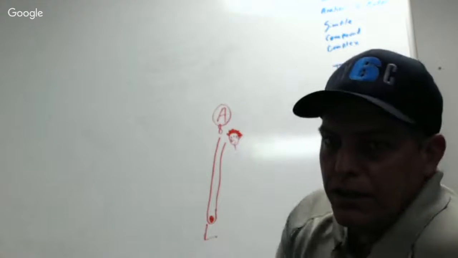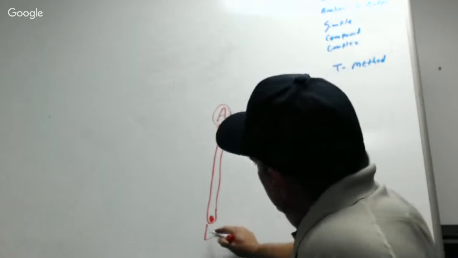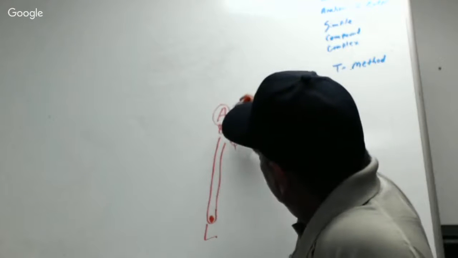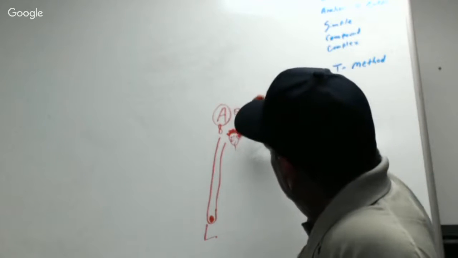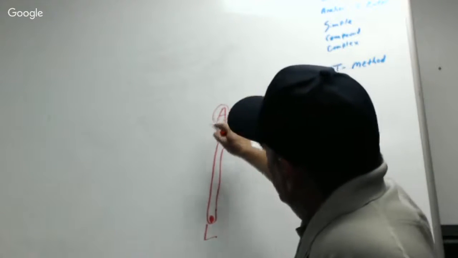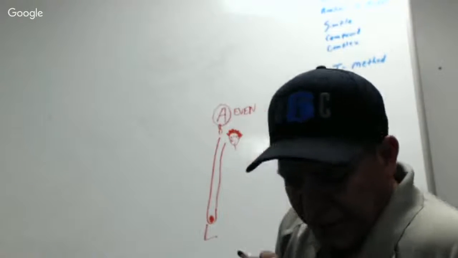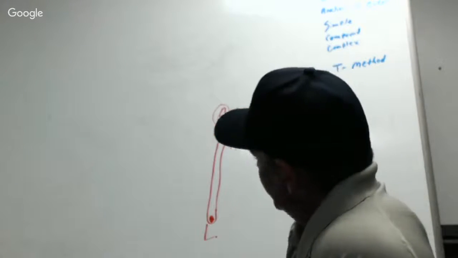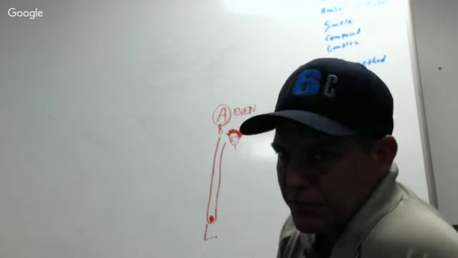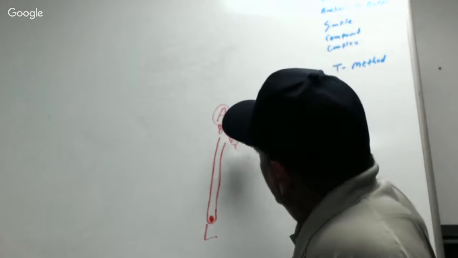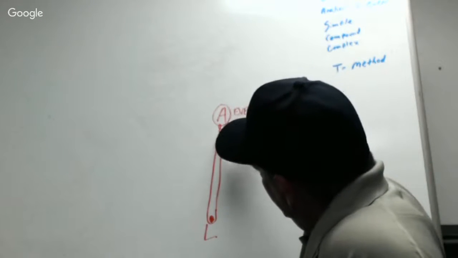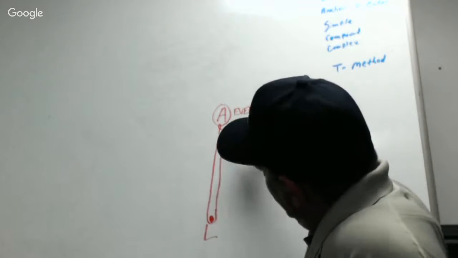All right. So now you know that A, meaning anchor, is even. More than likely, about 98%, because there'll probably always be a case where it doesn't work, but it should. You're going to have an even number. So now the rope goes down to the pulley and comes back up.